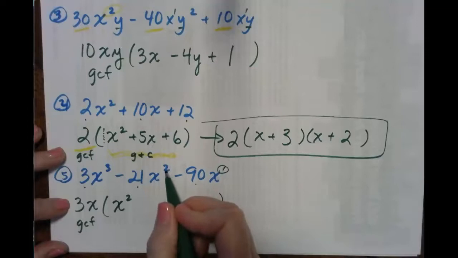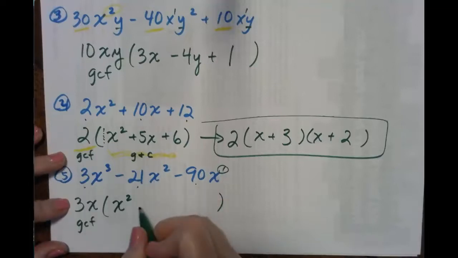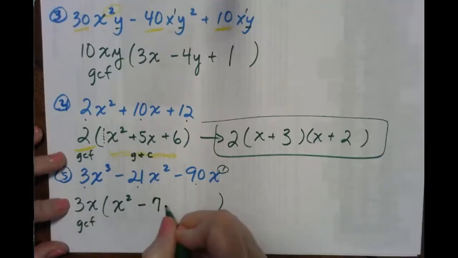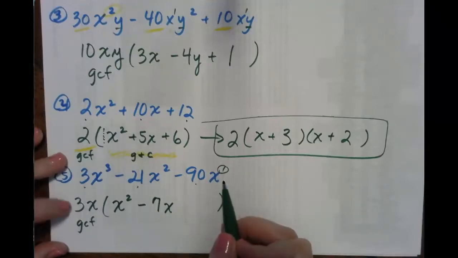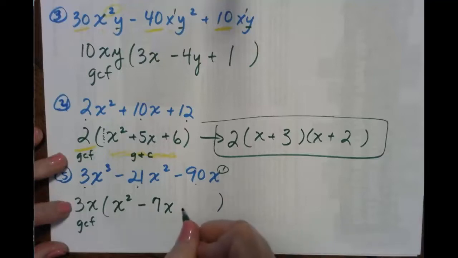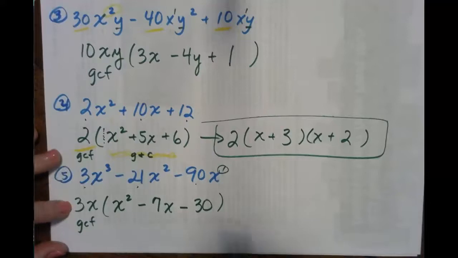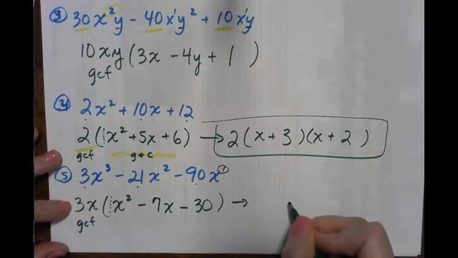Negative 21x squared divided by 3x leaves negative 7x. Negative 90x divided by 3x leaves negative 30. And one more time, because we have a 1 up front, we can ask, what are factors of negative 30 that add up to negative 7?